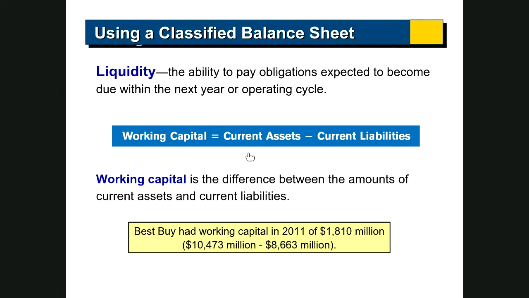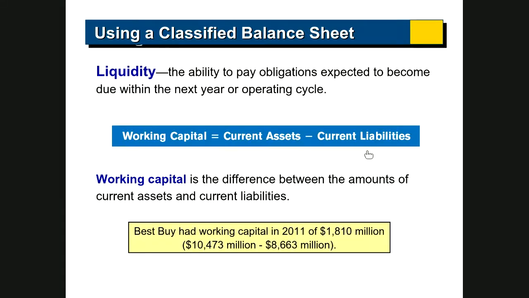So cash and cash equivalents within 1 year. And current liabilities are those things that you have to pay within 1 year. So the difference between your current assets and your current liabilities is called the working capital. So the more current assets you have compared to your current liabilities, the more liquid you are.